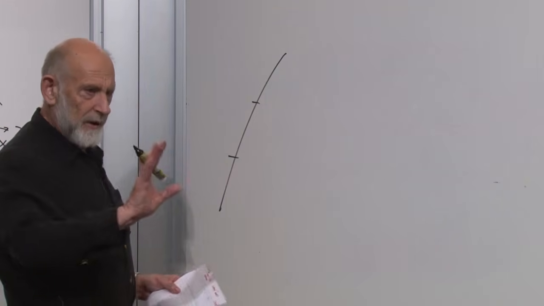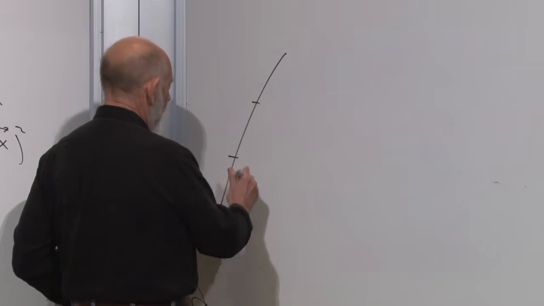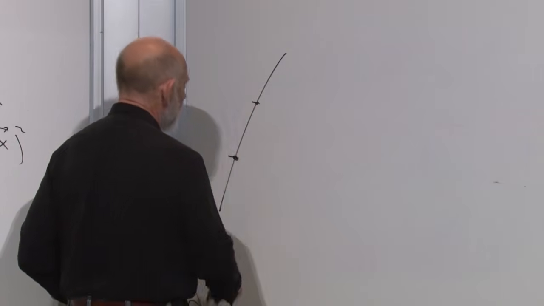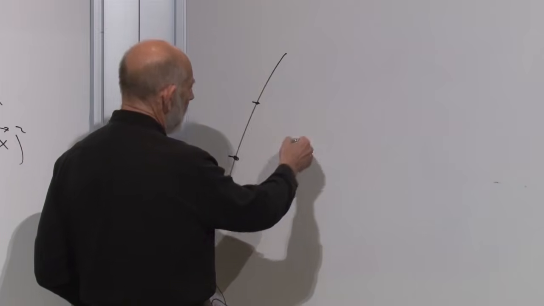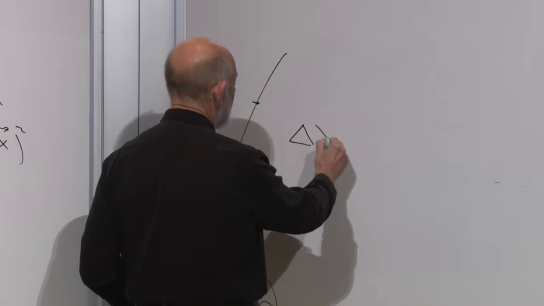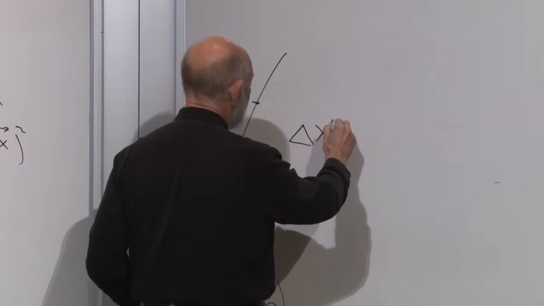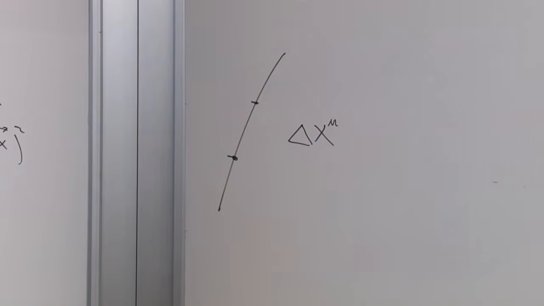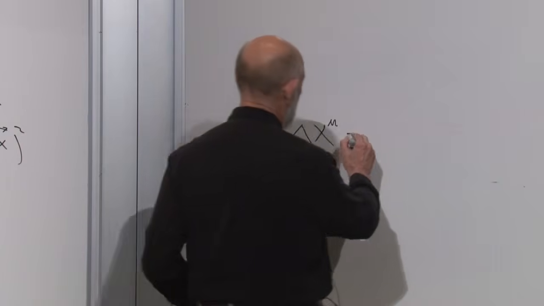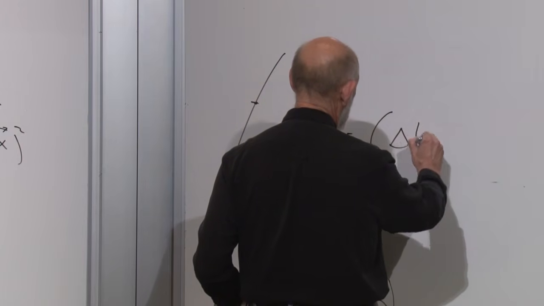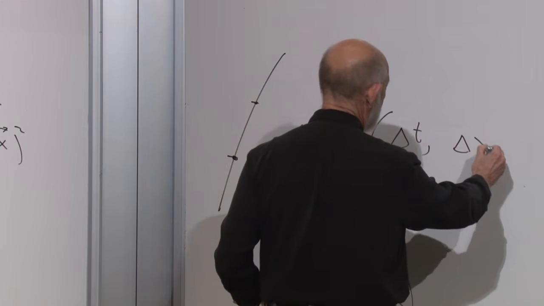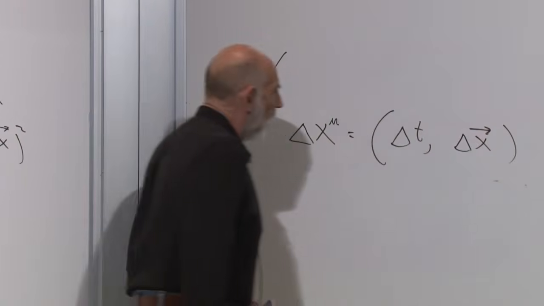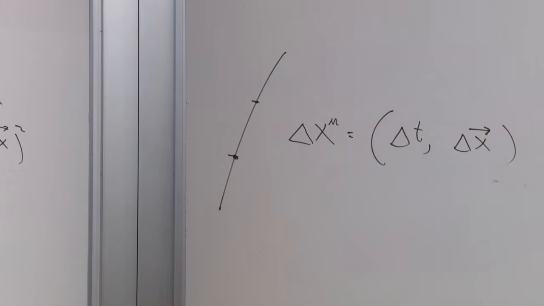We didn't do it in any detail. All right, so along the trajectory, the particle moves from one point to another point with a separation delta x, but delta x is a four-dimensional delta x. It consists of a delta t and a delta of the 3 other coordinates, which I'll of course call delta with an arrow above them.